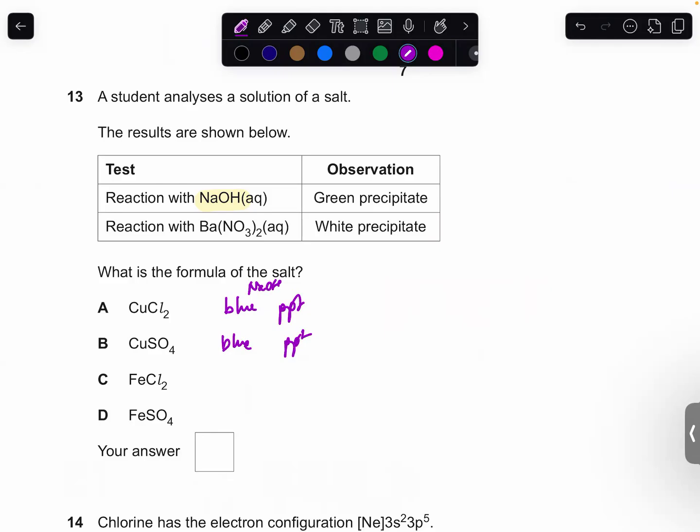Iron 2 chloride would give you a green precipitate, and this gives you a sort of orange-brown precipitate. They've said here it's a green precipitate.